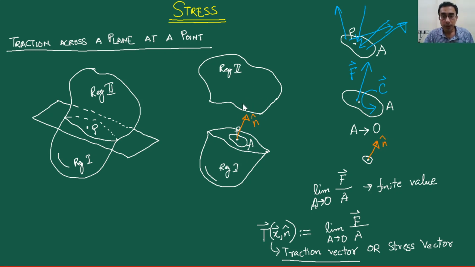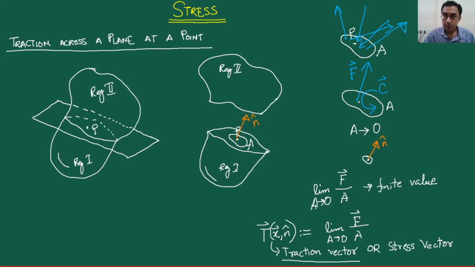So if we were to consider the counterpart of point P, which is part of this region 2, because note that this is just like an imaginary cutting plane, there would be exactly the same story that we could follow by considering the region 2. However, there is one subtle difference. If you consider this region 2, what about the unit outward normal?